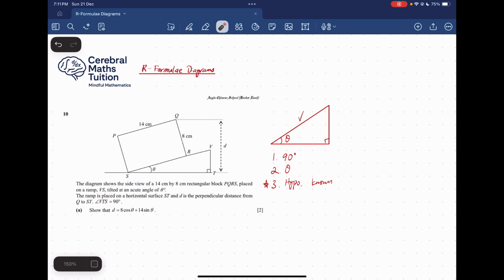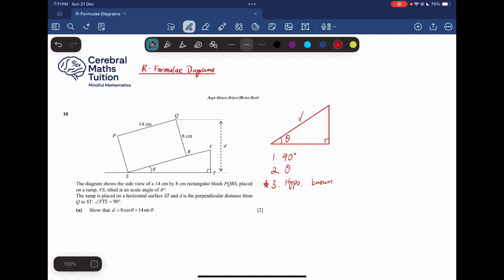It's important to note that the hypotenuse usually comes from the numbers given to you, 14 and 8. We could also try to understand that since this is a rectangle, there are other constants 14 and 8 elsewhere.